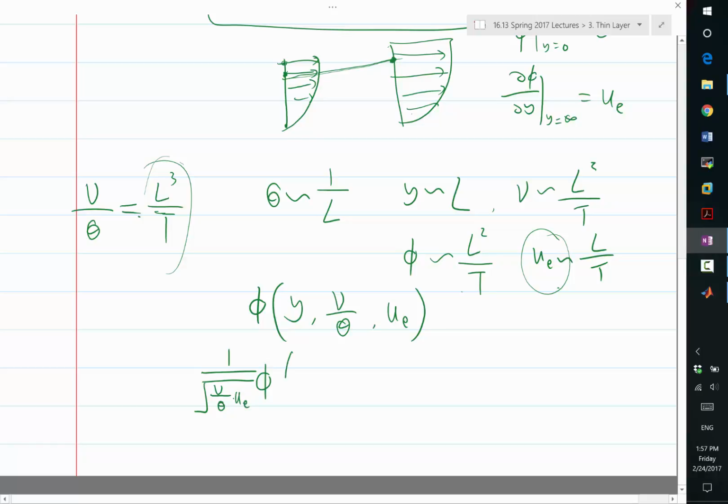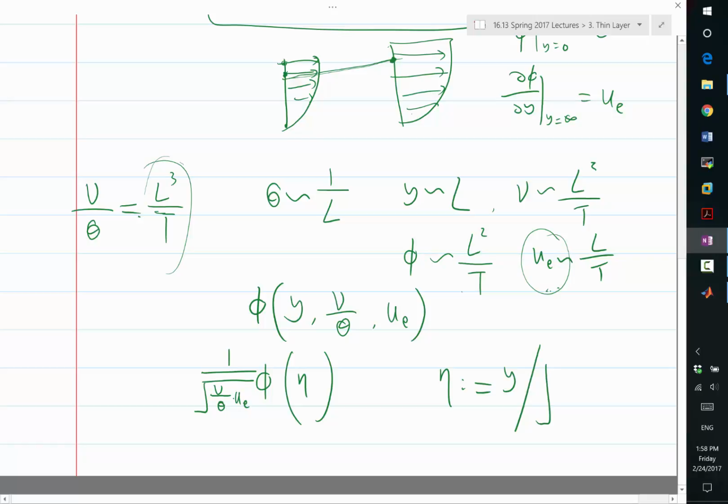So this can be written as a function of eta, where eta is defined as, now we need to non-dimensionalize y, which is just the L. And again, we need to take just a combination of this and this. And in this case, dividing them is the good idea, right? Dividing them, we get L squared.